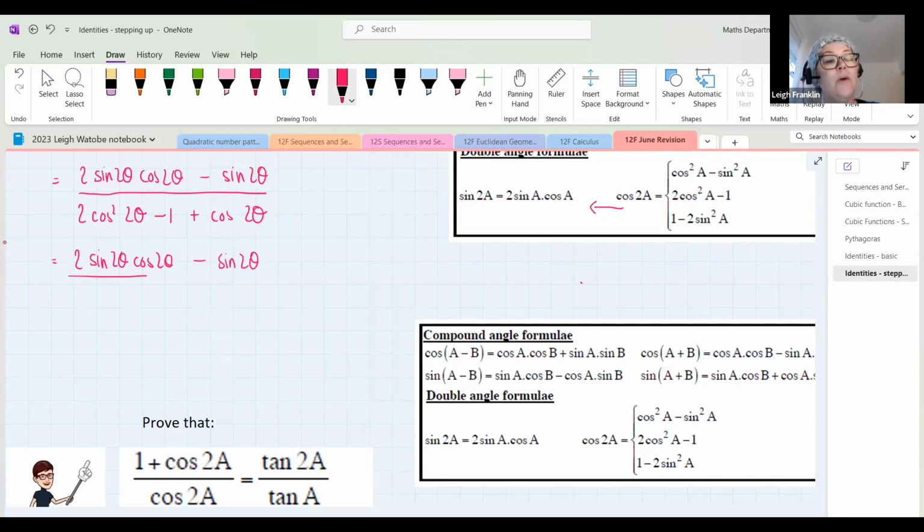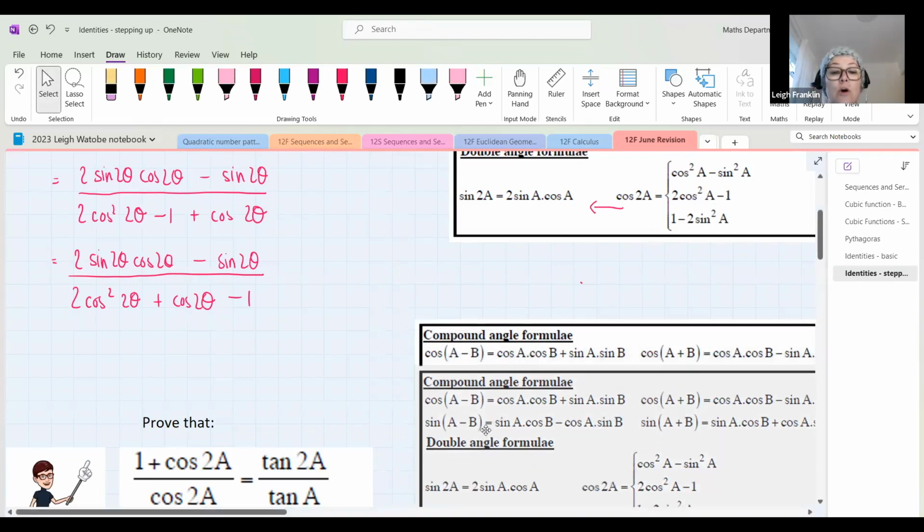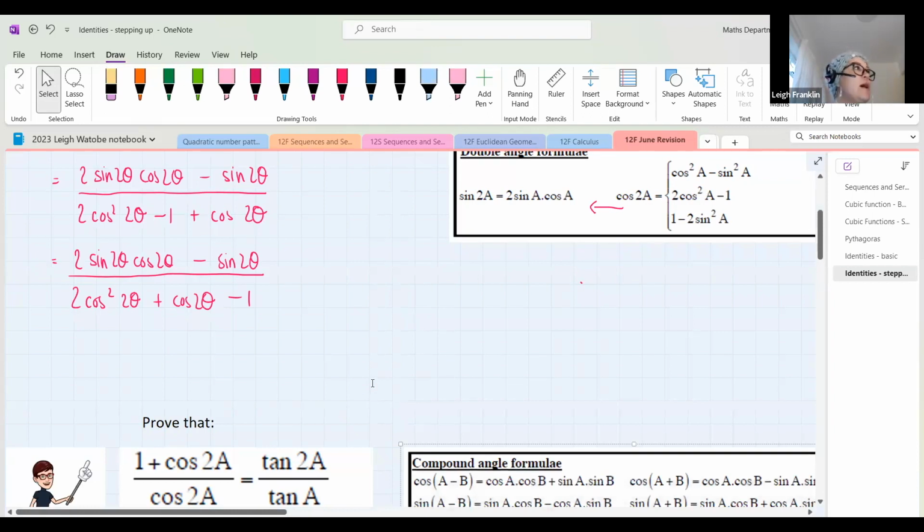In the denominator, I'm going to keep my 2 cos squared 2 theta at the front, put plus cos 2 theta in the middle, and put the minus 1 at the end so that it looks like a trinomial. Remember, most of the time what we're trying to do is factorize. So we want to get it into a form that can be factorized: difference of squares, highest common factor, or a trinomial.